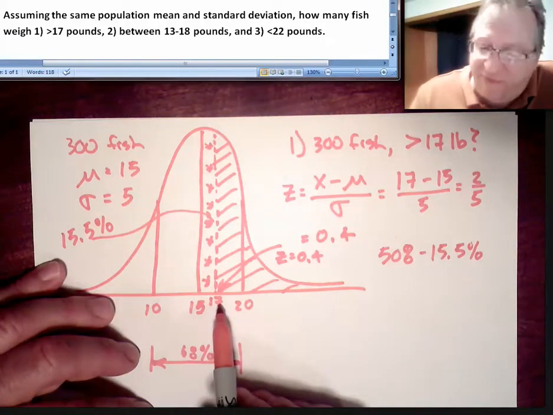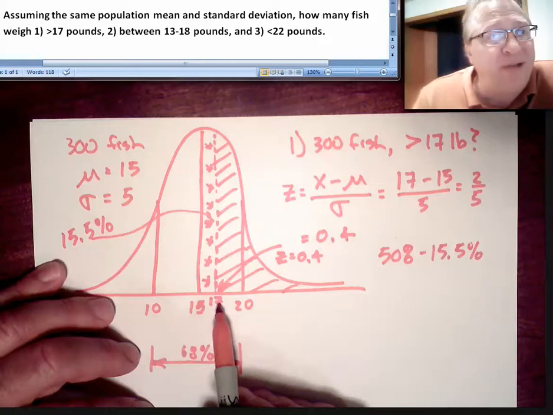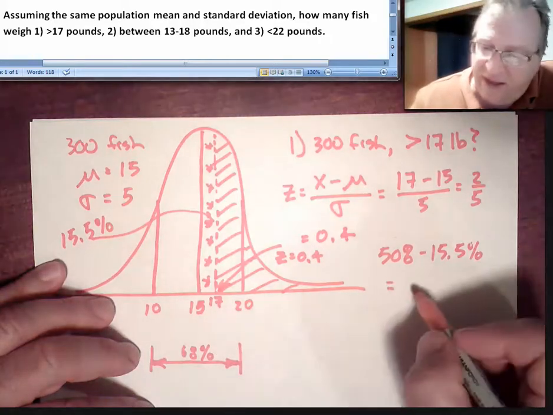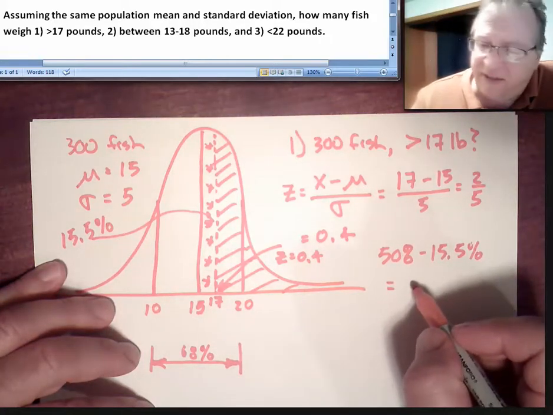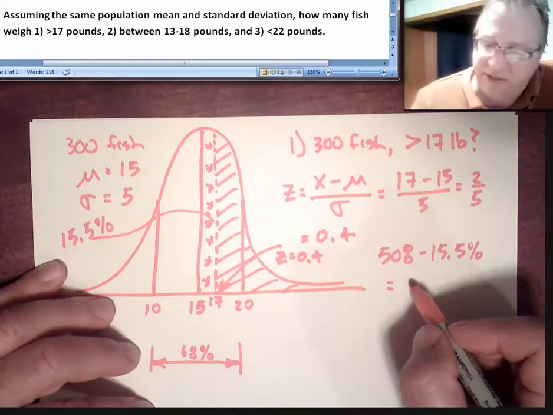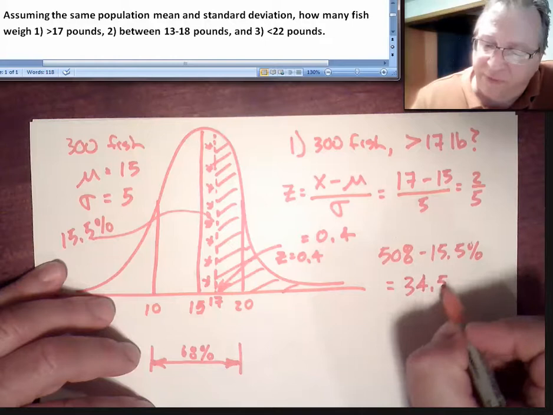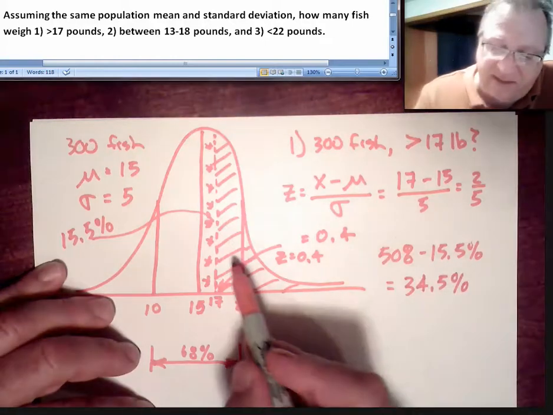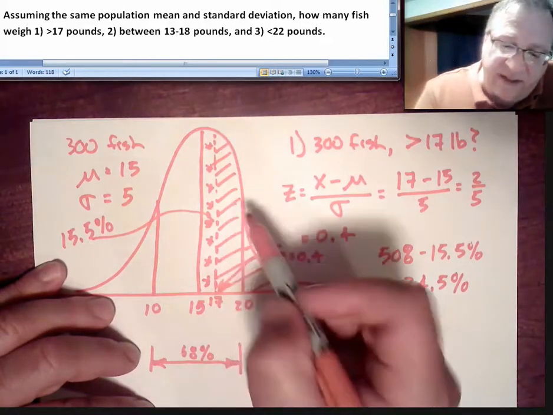The percent of fish that are going to weigh greater than 17 pounds. Yay us. 50 minus 15 and a half. I don't want to make the same mistake twice. 34.5%. That's the cross-hatched area over here on the right.